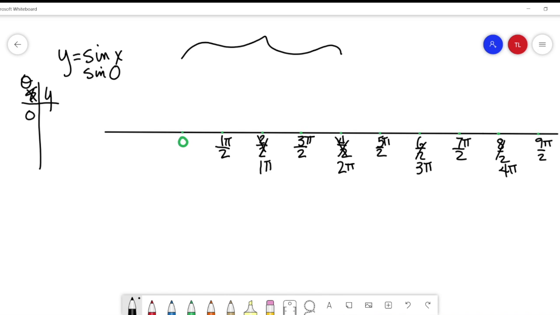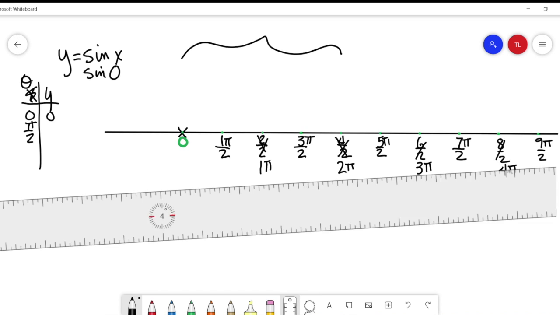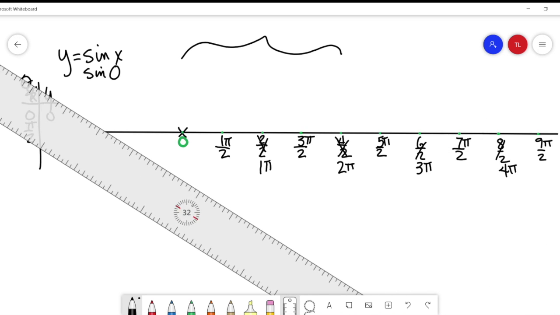Come on, what's the sine there? At 0. 0. So you put a mark right there. X. All right, now what is the sine at pi over 2? Yes. Now I didn't get my vertical one yet, so let me get my vertical one up in here.